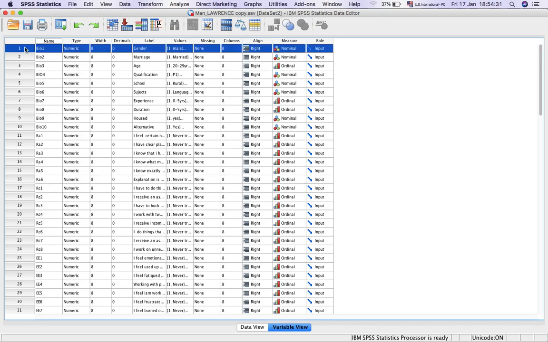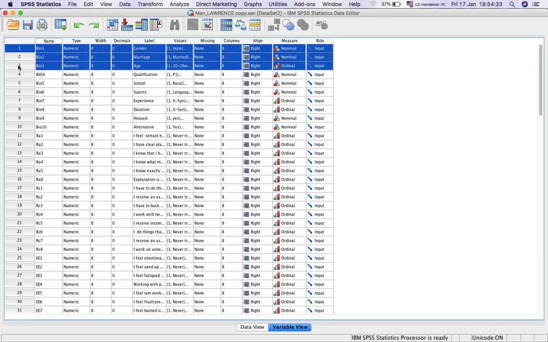For demonstration we are going to use gender, which is nominal and has only 2 categories, marriage, which is nominal and has 3, then age, which is ordinal. Because with chi-square we are dealing with categorical variables. That's what you need to know.